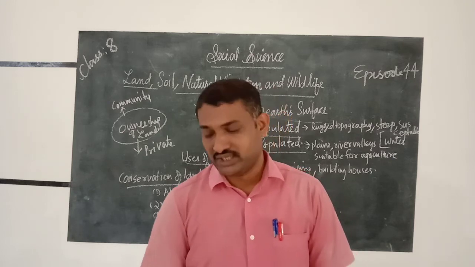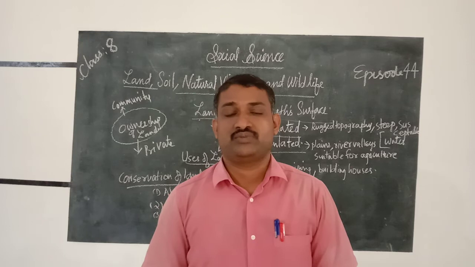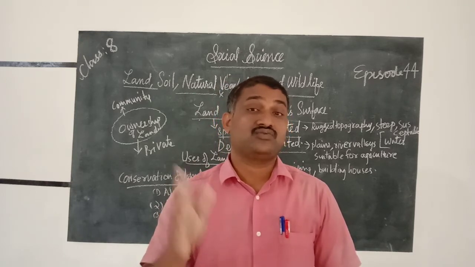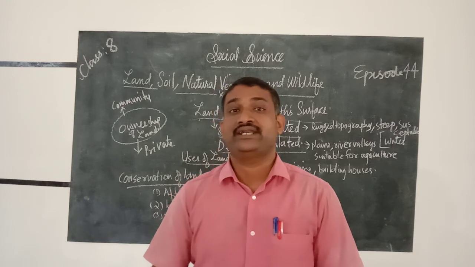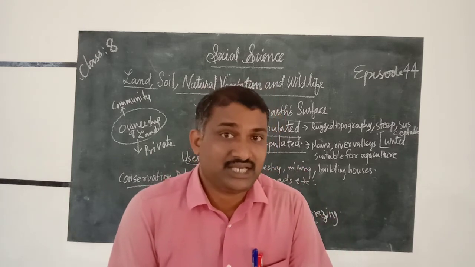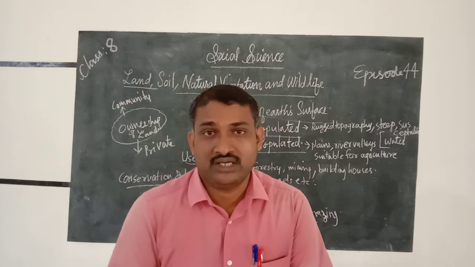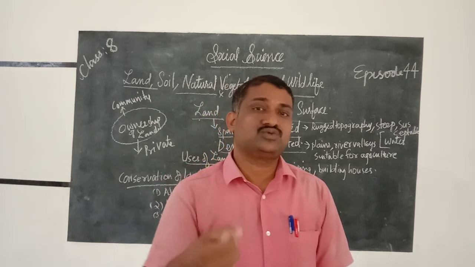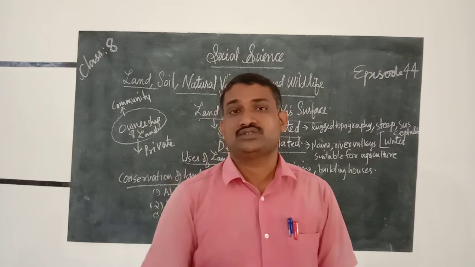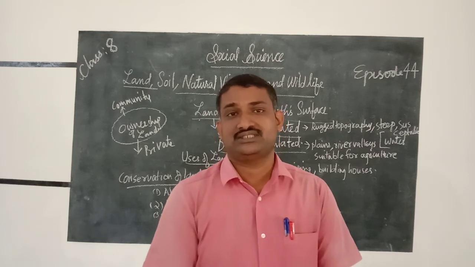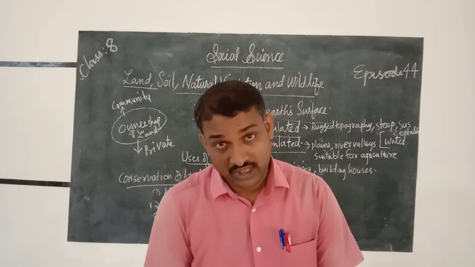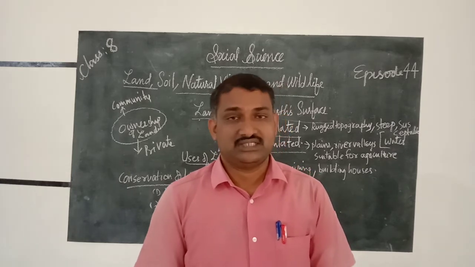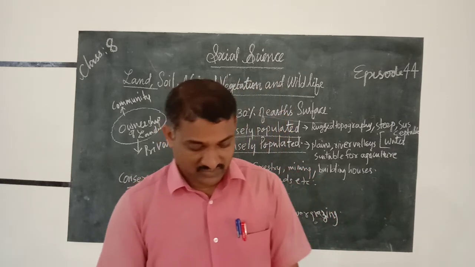That is why some plants are called extinct plants, and some animals are endangered species. An endangered species is a species that is going to become extinct. So it is very urgent to conserve and protect these species.